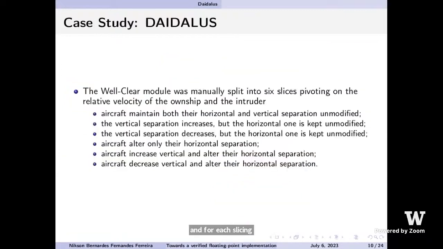In our case study, we divided the well-clear model based on the relative velocity into 6 slices as shown here.